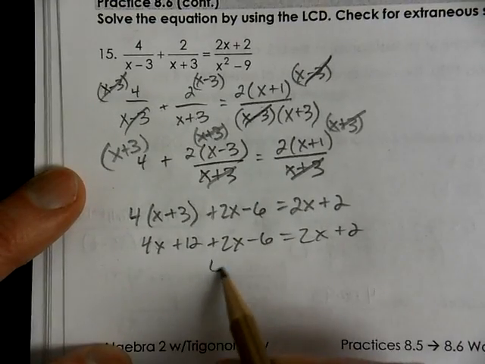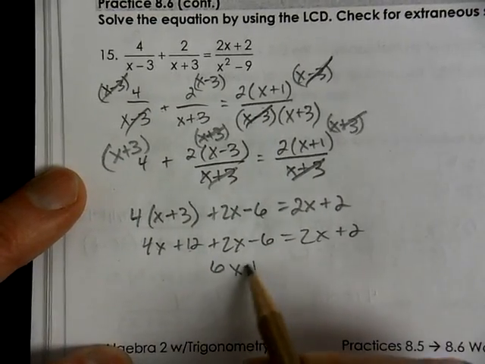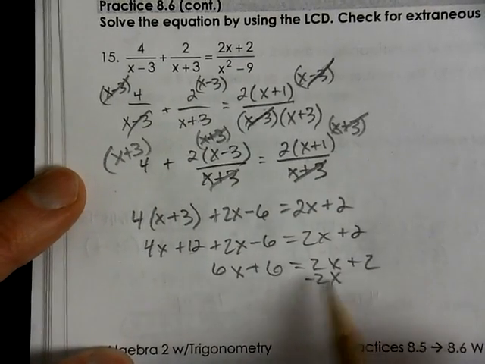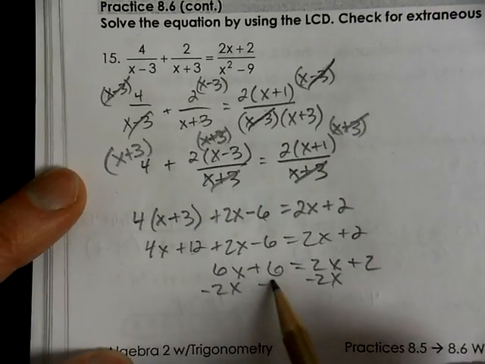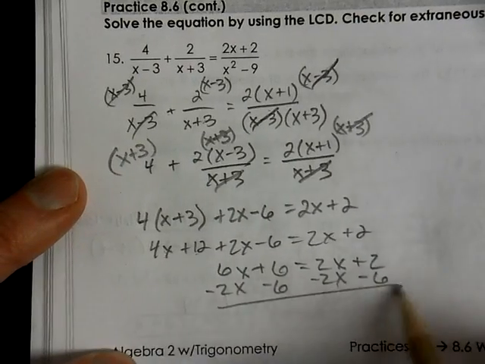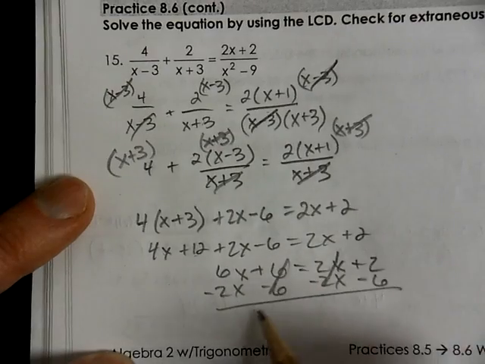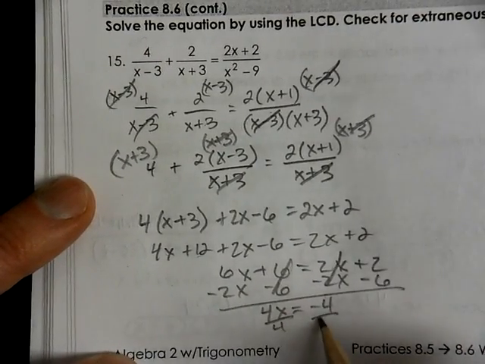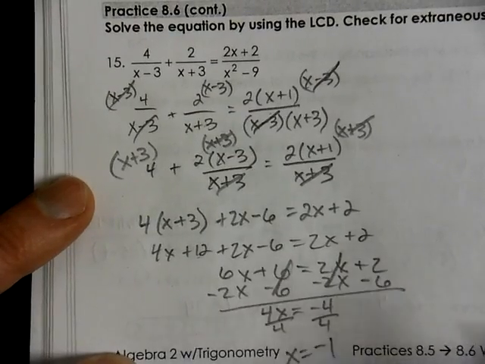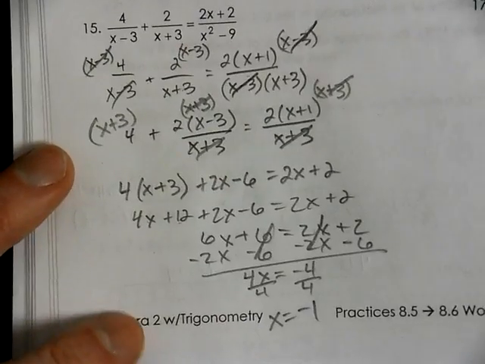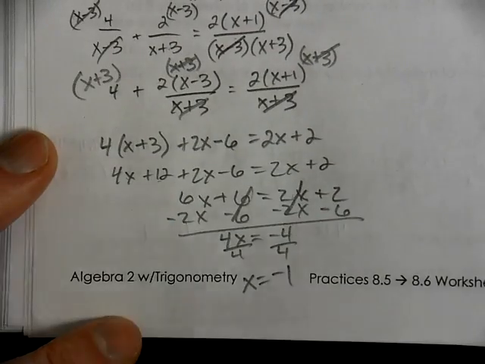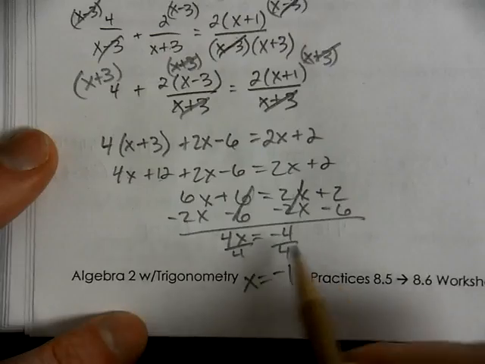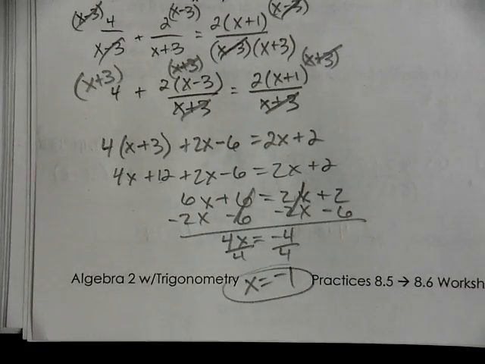Collecting like terms, I would get 6x, and I get a positive 6, minus the 2x this way, subtract the 6 that way. X equals -1. And we look at the denominators. That would not make the denominator 0, so that's an answer.